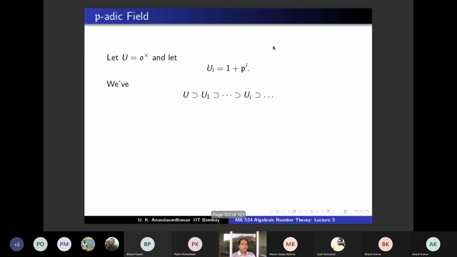U contains U1 contains Ui contains etc. Earlier we had p containing p square containing etc. Because p contains p square, 1 plus p will contain 1 plus p square. So U1 containing U2 containing etc. is done. But why does U contain U1? In other words, why is an element in this a unit?